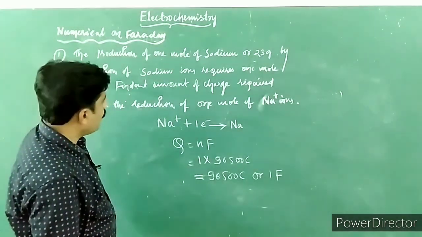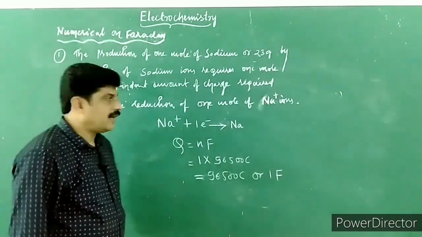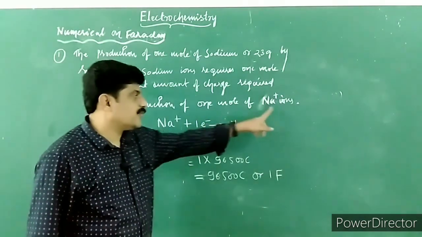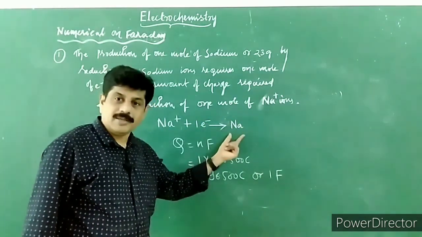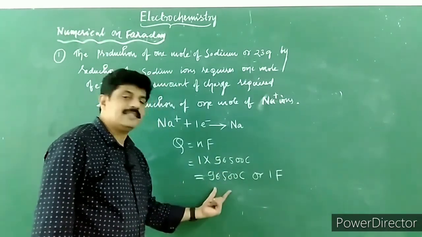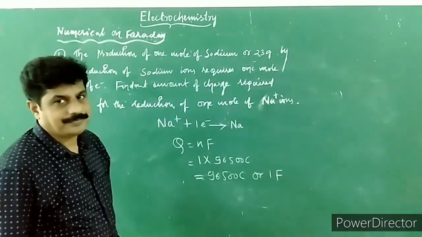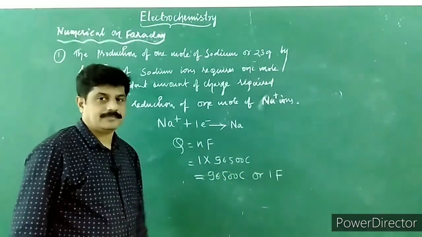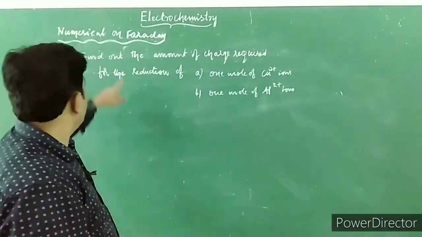Children, the amount of charge required for the reduction of 1 mole of sodium ions into sodium is 1 Faraday or 96,500 coulombs. Let me go for the second numerical.